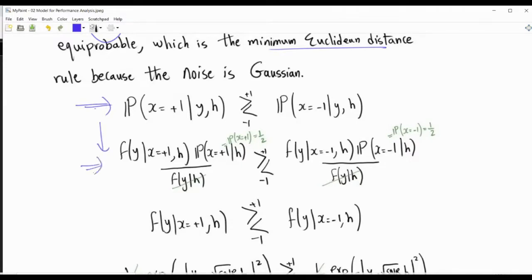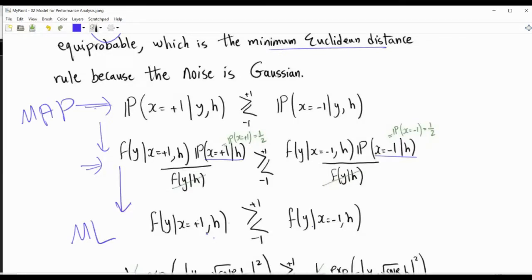Then you apply Bayes. If the priors are the same, here each prior probability is equal to 1/2, then it becomes a comparison of the likelihood functions. So MAP becomes maximum likelihood.